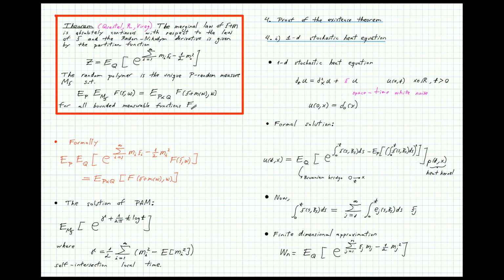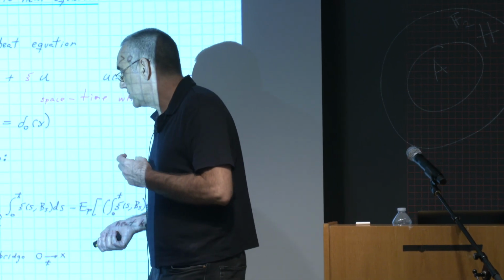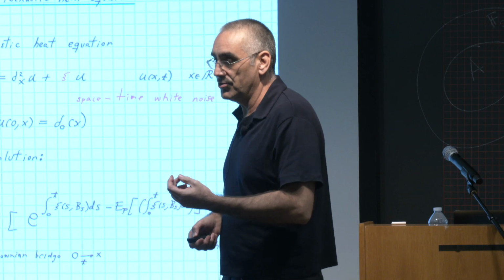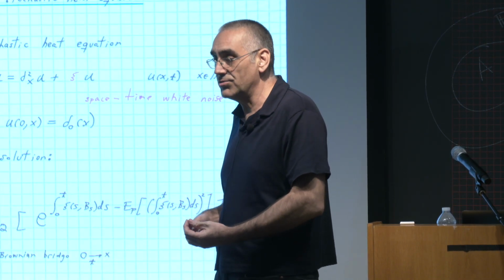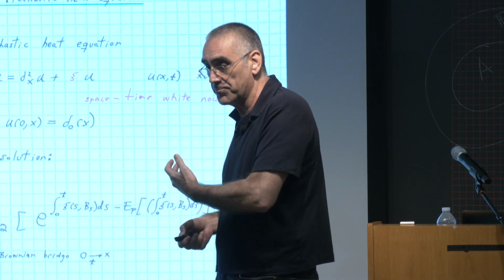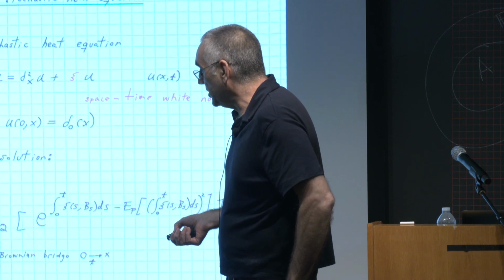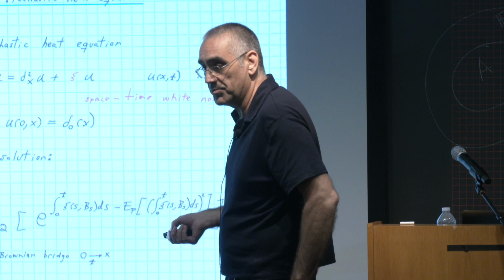So it might look a little bit mysterious, but it's not so difficult to understand if I try to see the differences between the renormalization of the PAM solution versus the renormalization of the weak order solution. So the expectation is of e to the gamma, where gamma is the self-intersection local time of a Brownian bridge.